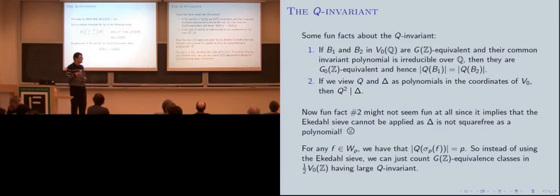The Q invariant is P. So let's just forget about the Ekedahl sieve. Let's just count GZ orbits inside 1/2 V0 Z that have very large Q invariant, Q invariant bigger than M, for example. And that's something we can do, thanks to the counting machineries of Manjul.